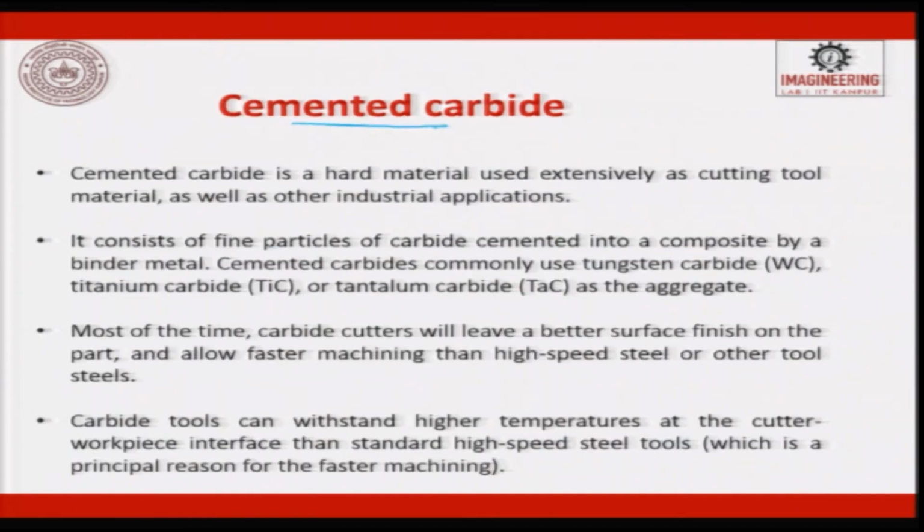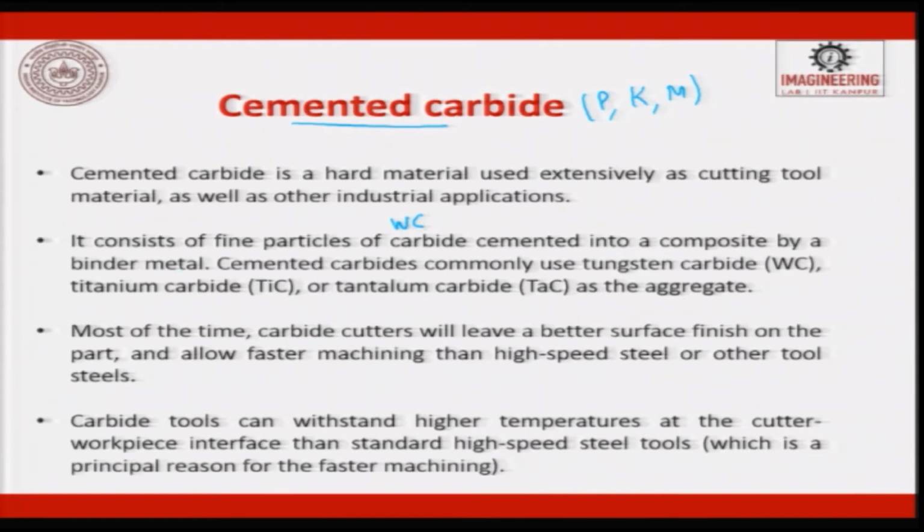The next one is cemented carbide. There are several types of cemented carbide, P type, K type, M type. So many different types are there. Cemented carbide is a harder material, used extensively as a cutting tool material as well as in other industrial applications. It consists of fine particles of carbide cemented. Carbide is nothing but tungsten carbide cemented into a composite by a binding material.